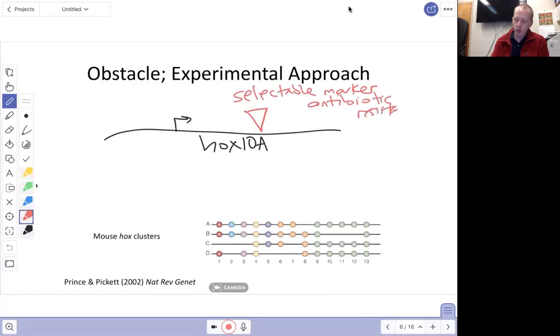So what you would do in principle is you embed this selectable marker in a mouse, you find out where in the genome that selectable marker integrated, inserted the gene into an existing gene, in this case the HOX10A for example.